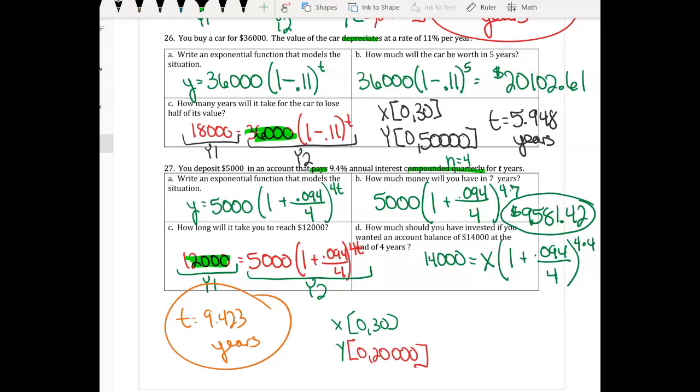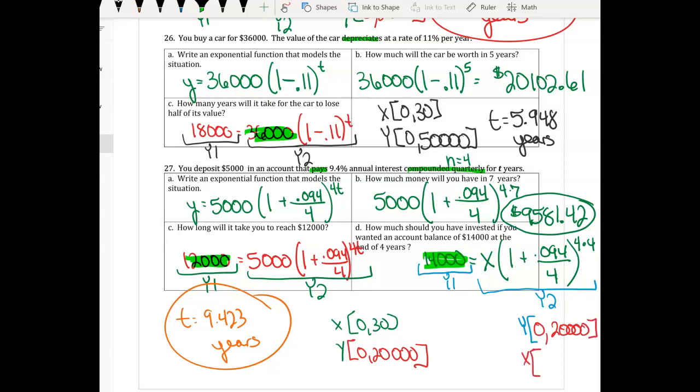One is you can put this into Y1 and Y2. When thinking about a window for Y, we know that our biggest value is going to be 14,000. And we're just trying to figure out how much we invest. So I can still stick with 0 and some wiggle room of 20,000 for Y.